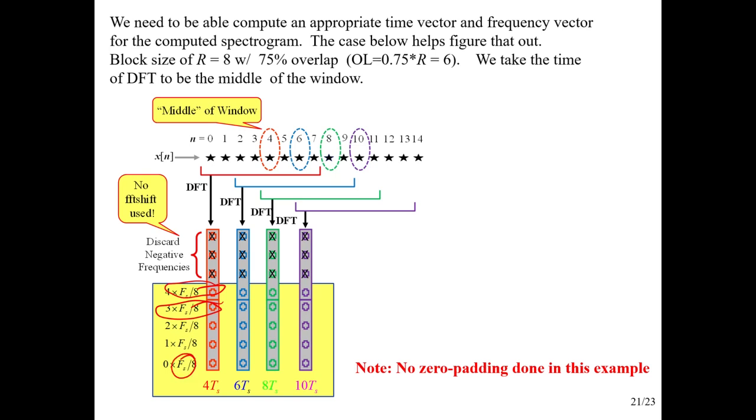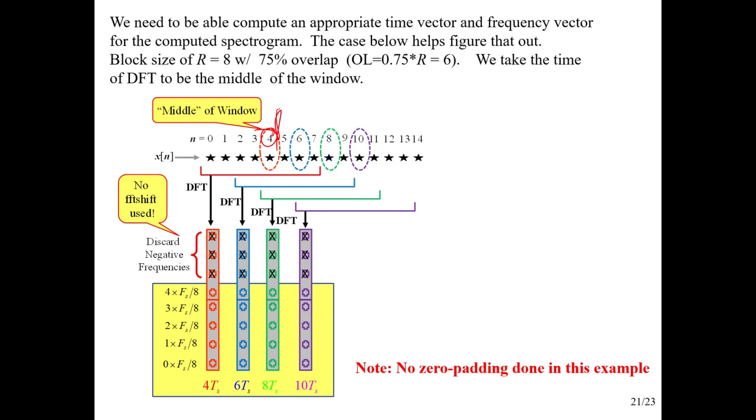Same old as before. Where should this be located in time? Well, things may be a little different when you actually use these, but I'm just saying let's pick the middle of our window. And since I have 8 samples, there really is no true middle, so I'm just going to take 4.